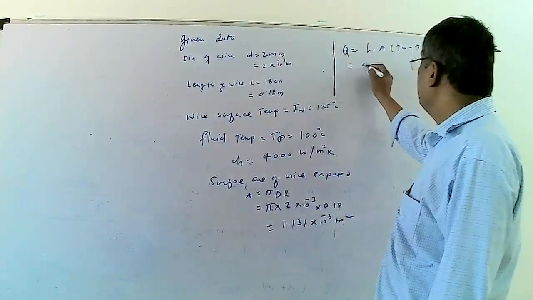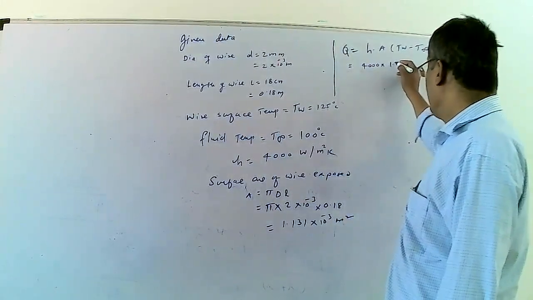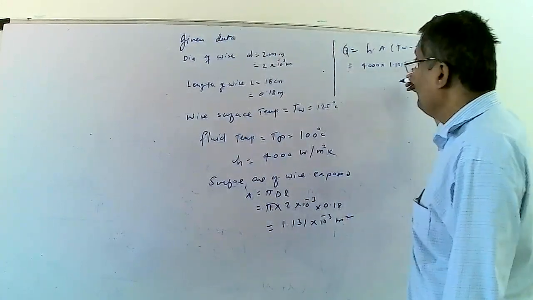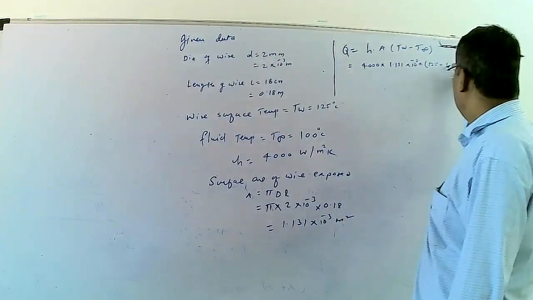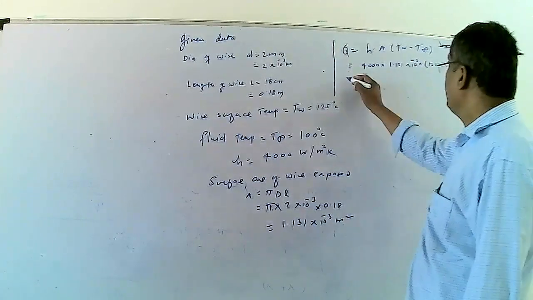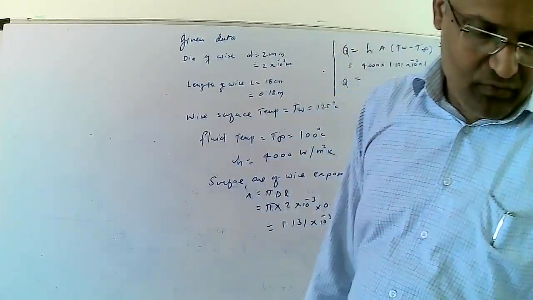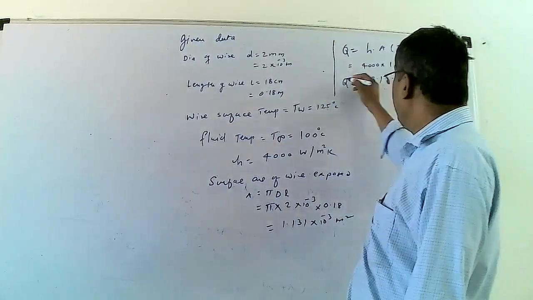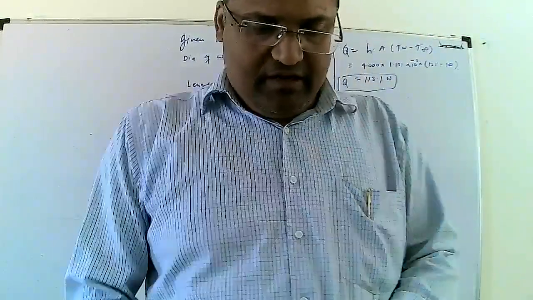We put all the values: 4000 into area 1.131 into 10 raised to minus 3 into (TW 125 minus T infinity 100). Then calculate Q. The final value of Q is 113.1 watt.